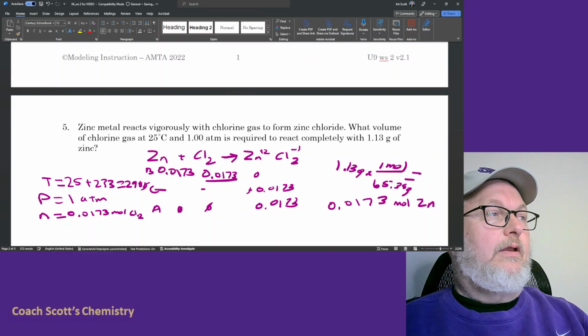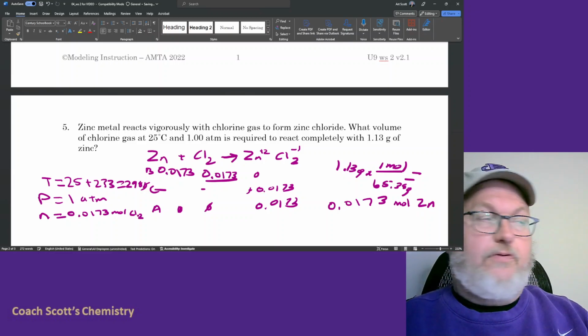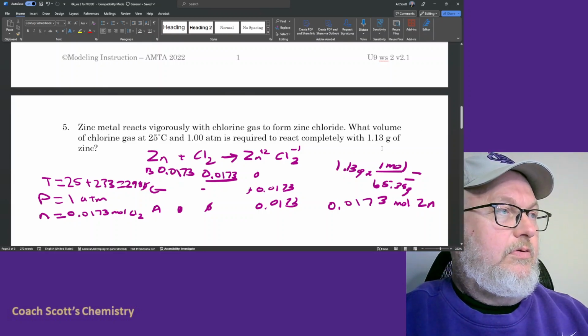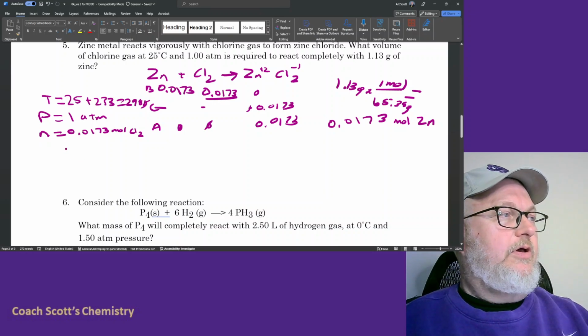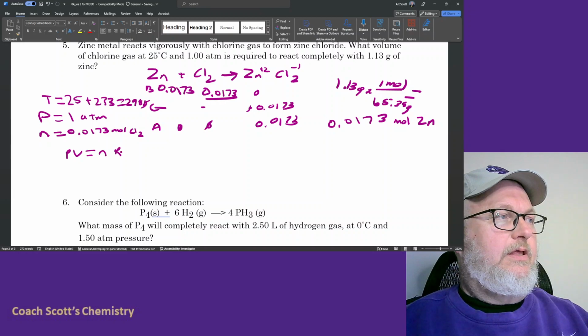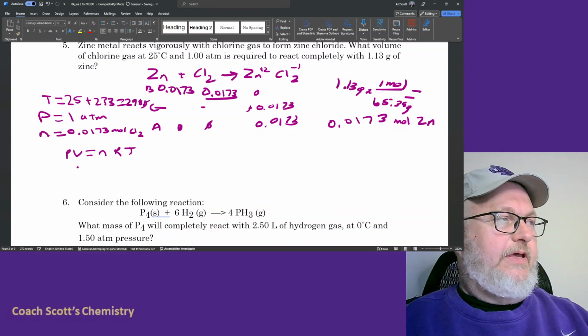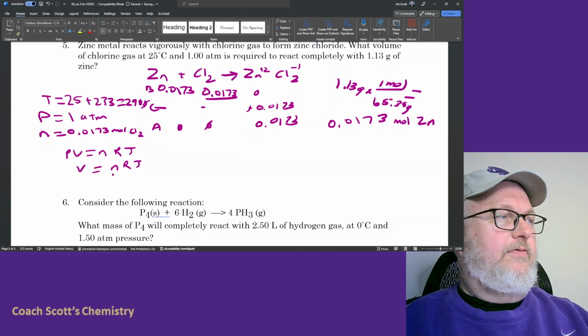Okay. And it's asking for a volume. Okay, cool. Well, let's use what we know. So PV equals nRT, solve for V. So nRT over P equals volume.